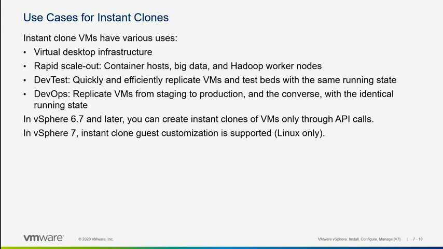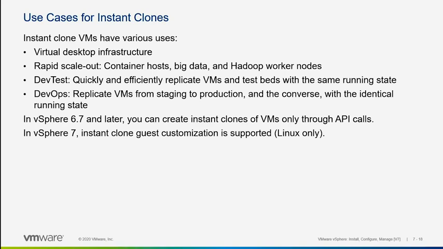There are a number of use cases for instant clones in the environment, and as time goes on, we'll see those use cases become more and more frequent and hopefully added to the environments so we can better make use of them with the simple UI as opposed to command line.